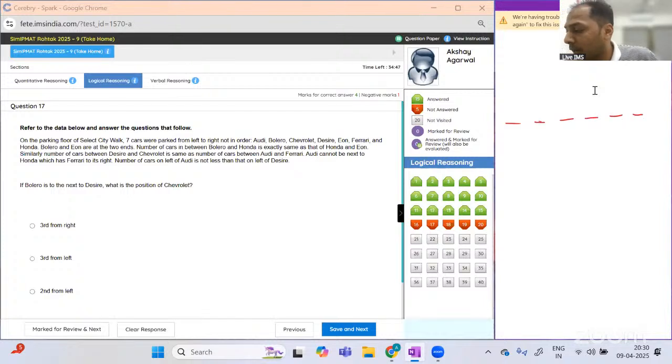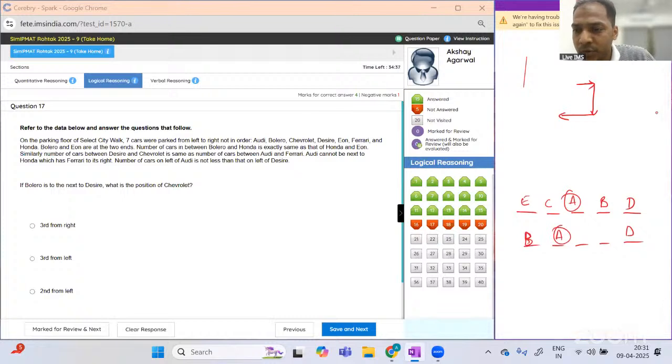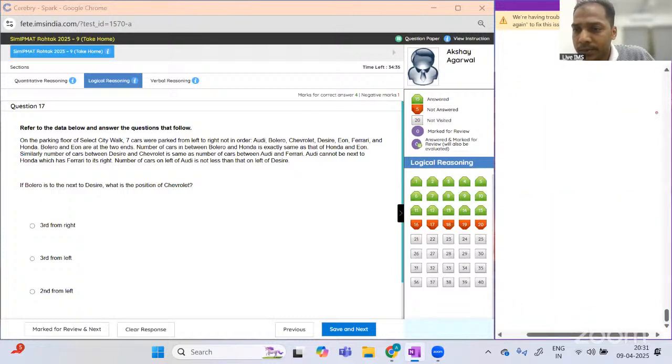Otherwise, with end points, how is it getting the same number of cars in between. So Honda in the middle, Bolero slash Eon, Eon slash Bolero at the ends.